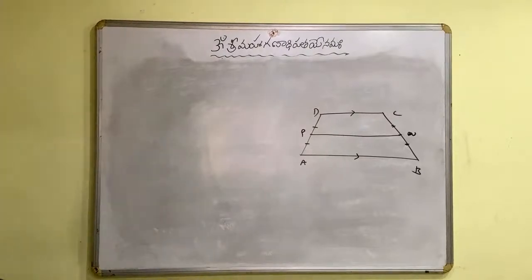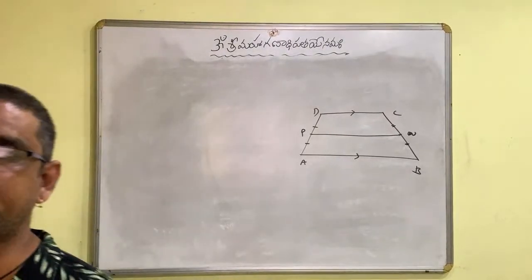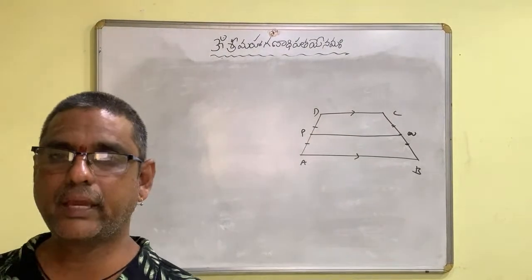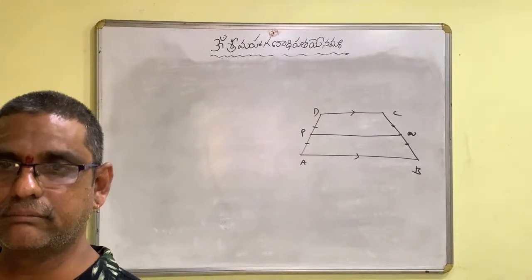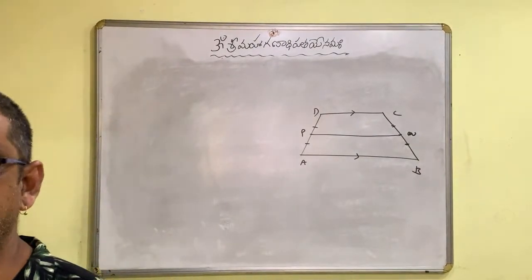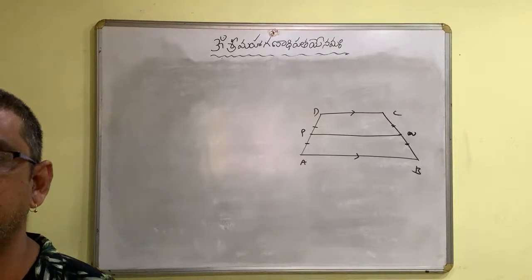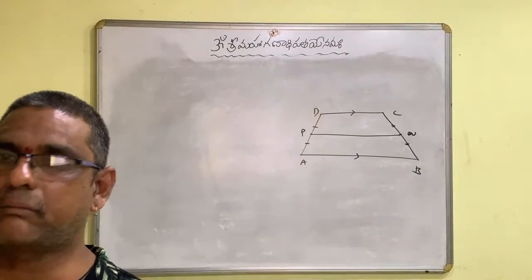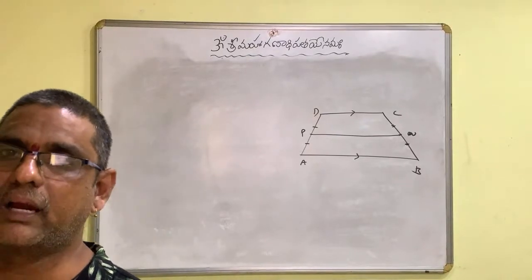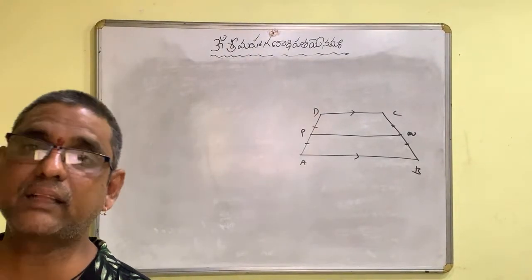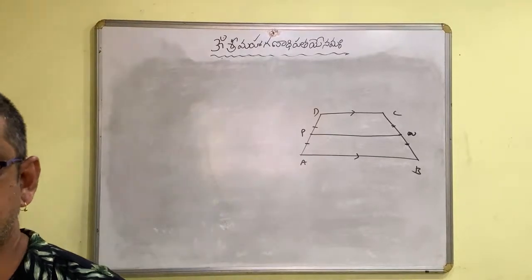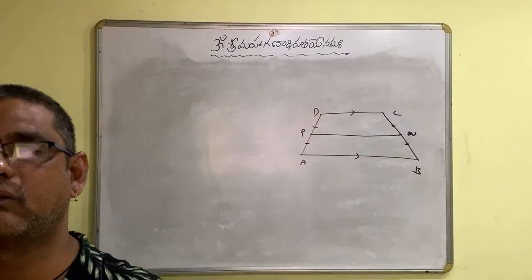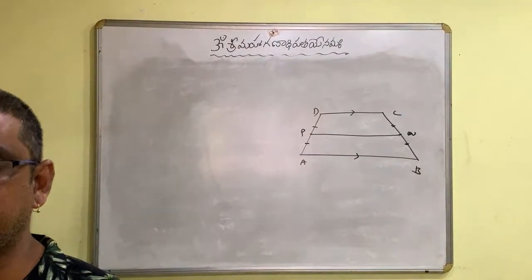Once again, ABCD is a trapezium. Why is it a trapezium? Since AB is parallel to DC, one pair of opposite sides is parallel. What are the non-parallel sides, children?